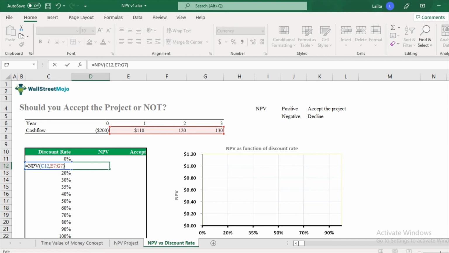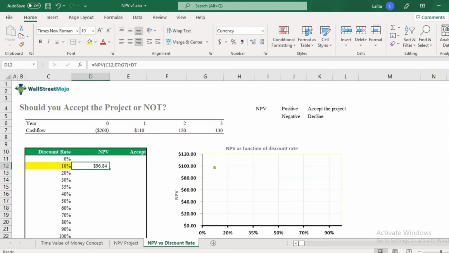Over and above that, I need to deduct my cash outflows. So how much will be my NPV? This is 96.84. I just need to do these calculations for all the other discount rates, and I will get a graph intuitively explaining how the relationship is.